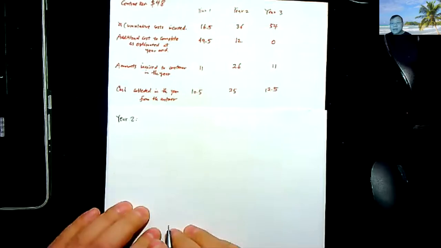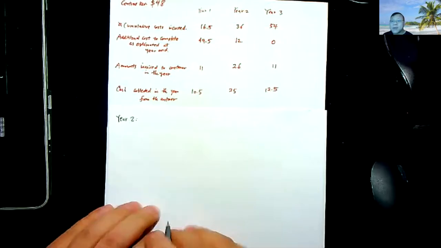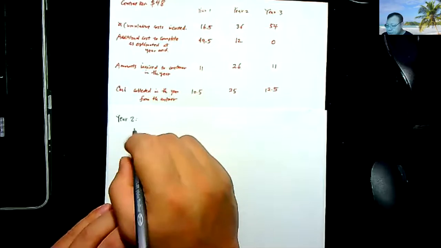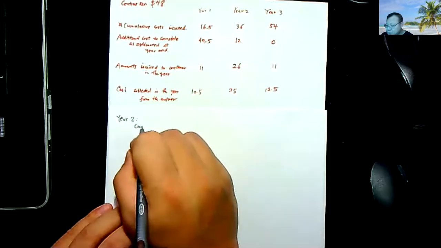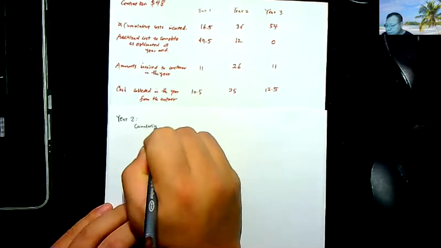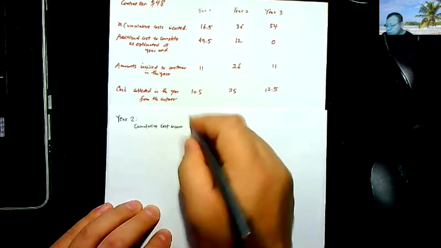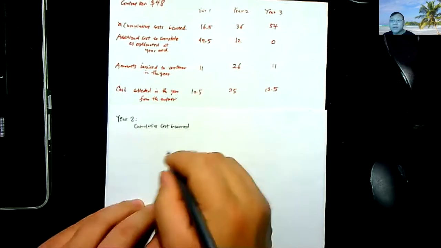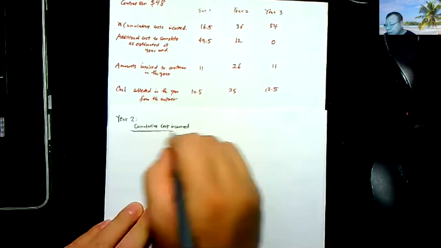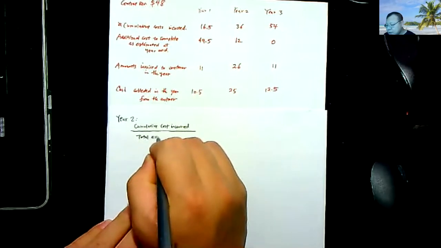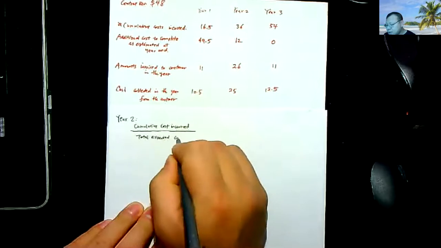Okay, again, let's calculate the cumulative percentage of completion, right? What's the percentage of completion? So that's the cumulative cost incurred to the end of year two, divided by total expected cost.